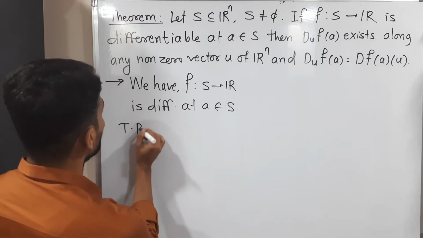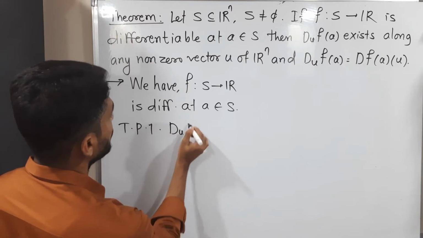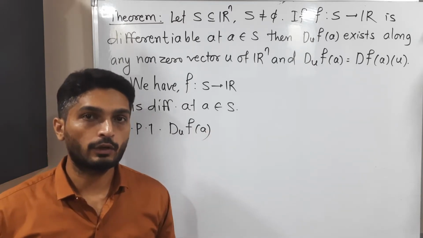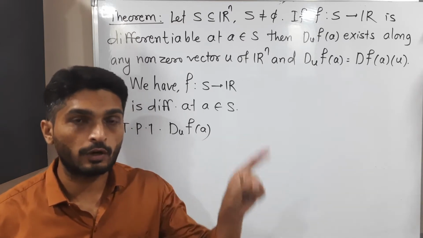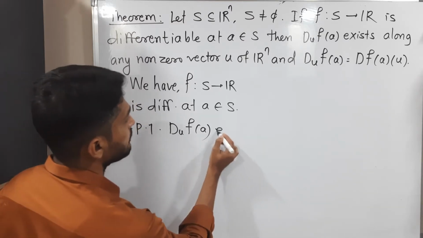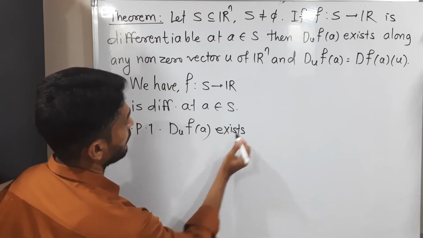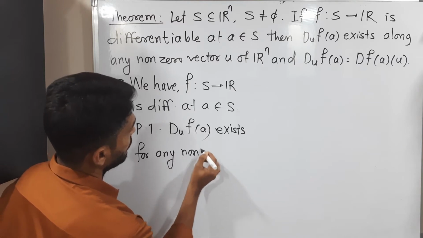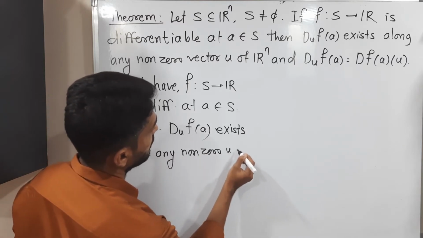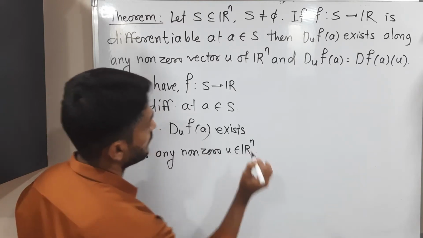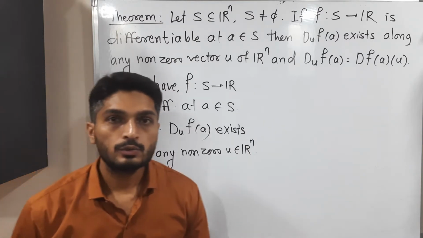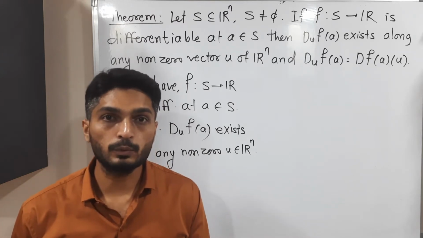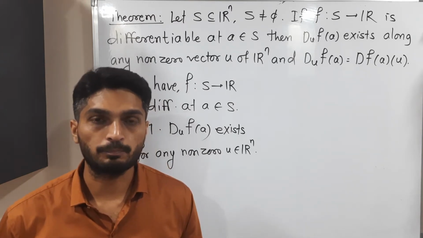Our target is to prove that Du f of A, which means the directional derivative of f at A in the direction of u, exists for any non-zero vector u belongs to R^n. So this is the given information. f is differentiable and we have to prove it has a directional derivative.